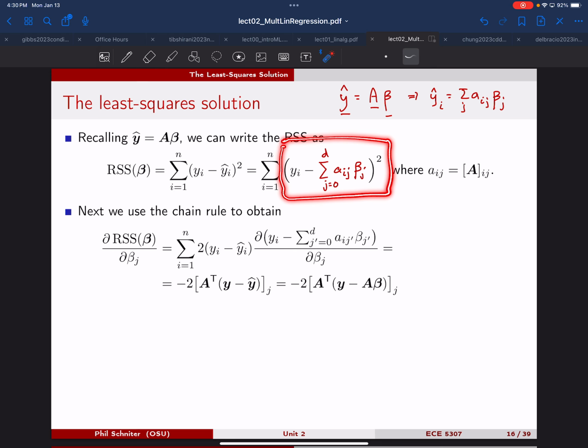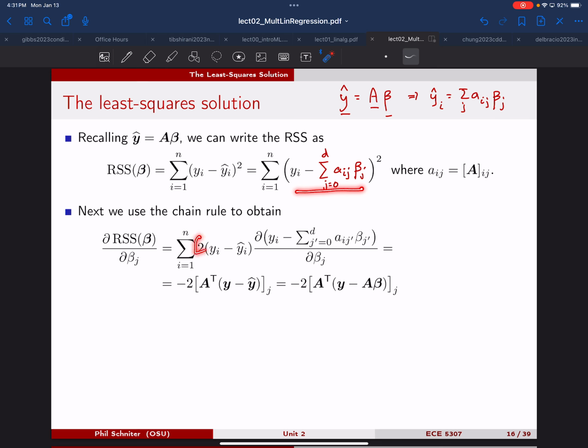Okay. So how do we do the derivative of this with respect to beta j? We need to use the chain rule. If you remember, the way that the chain rule works is the derivative of this squared term is going to be 2 times the thing in the square times the derivative of the thing in the square, in this case, with respect to beta j. Right? So the chain rule is 2 times this times the derivative of this with respect to beta j.